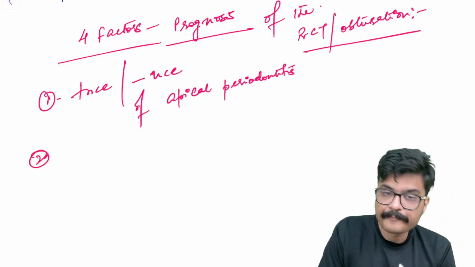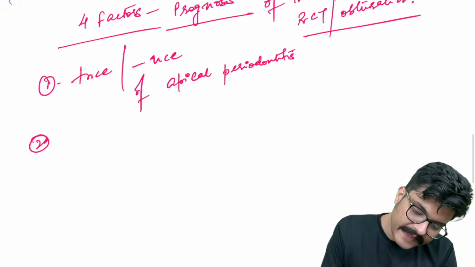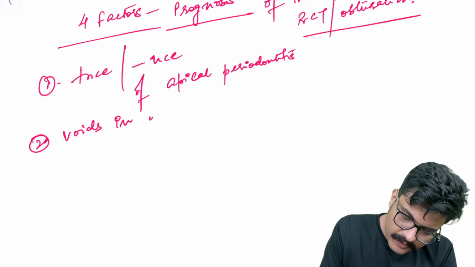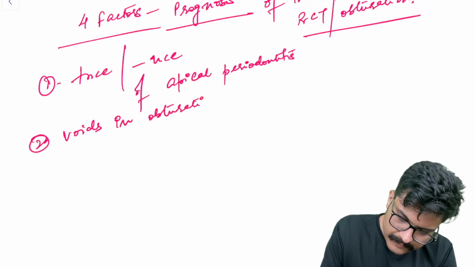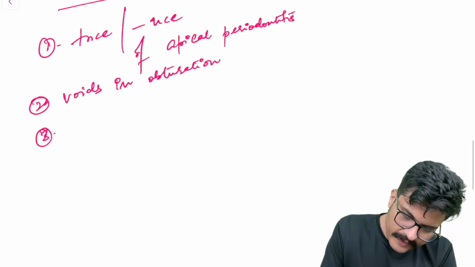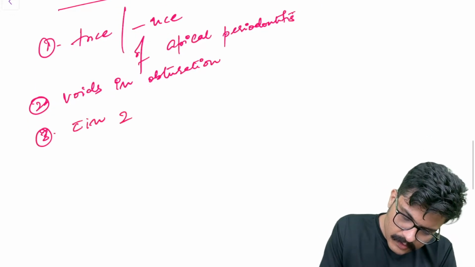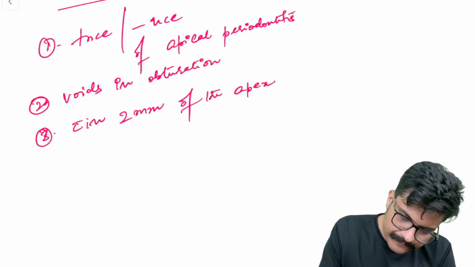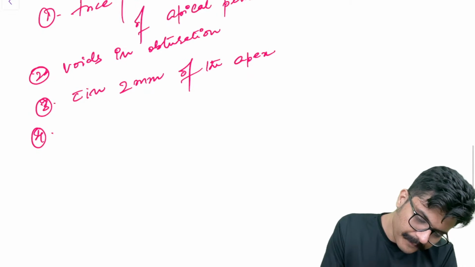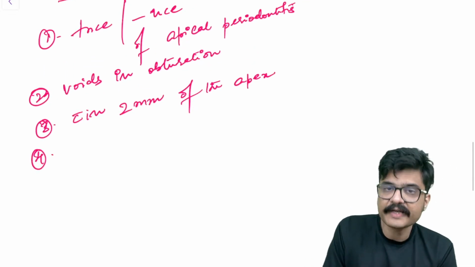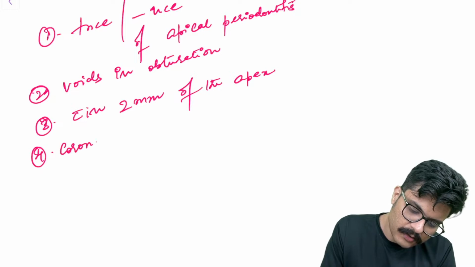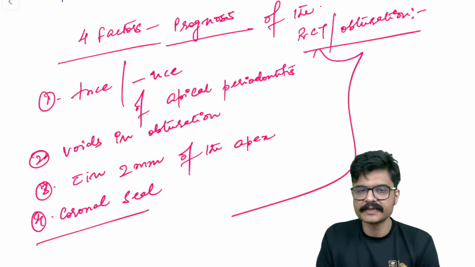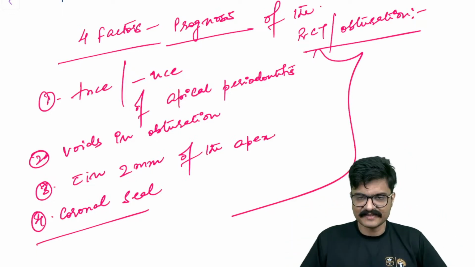Second, presence or absence of voids in your obturation. Then whether you are within 2 mm of the apex. And fourth, the quality of your coronal seal. So you will have MCQs in various permutations and combinations coming from these 4 points. You have to memorize these.